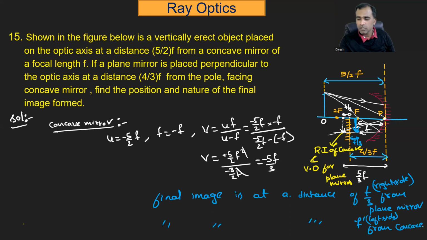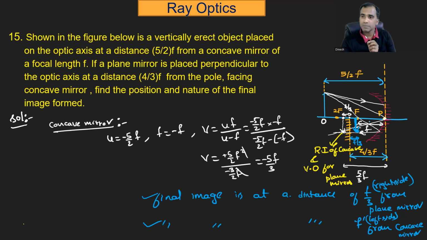Both are correct. In the options they might give you this or that. Or they might say it is so and so distance from the center of curvature, or from the focus. The options can be anything. Once you find the answer, you have to match it with the options they have given.